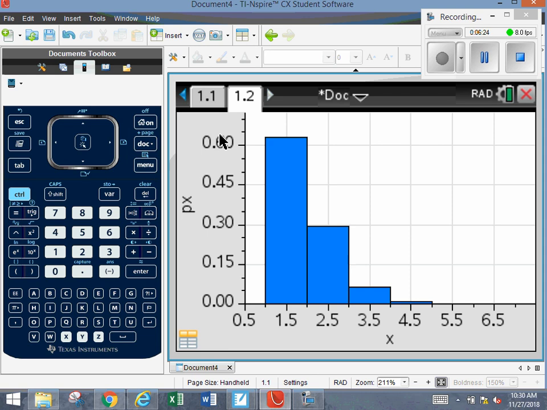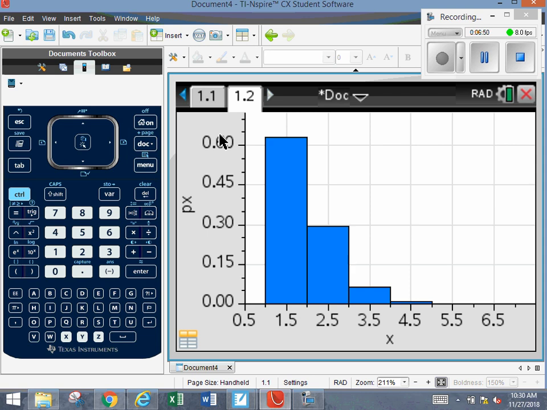Undo is Control Z. Oh, hit exit. Yes. Control Z. There you go. Cool. And there we go. We have a graph.